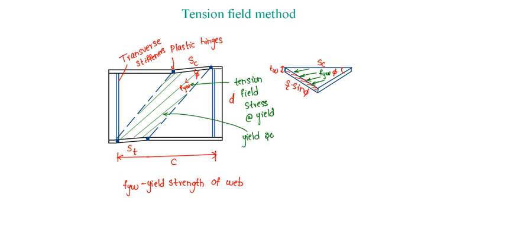We know MFR, moment, is Zp into fy, in which Zp is bd square by 4 for rectangle. So this cross section is in this form, wherein the height is S into sin phi and the thickness is tw.